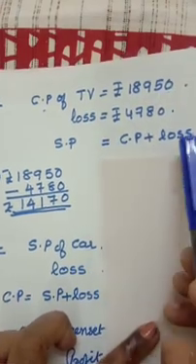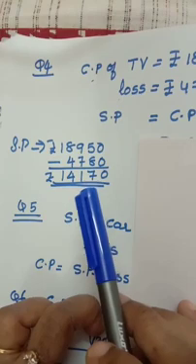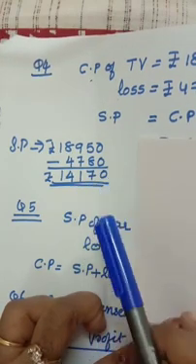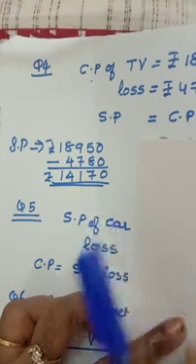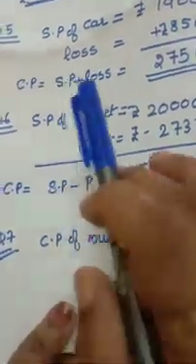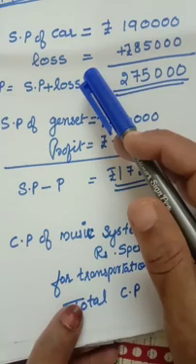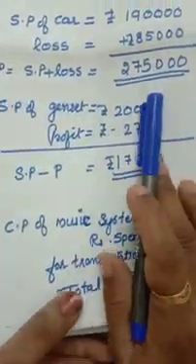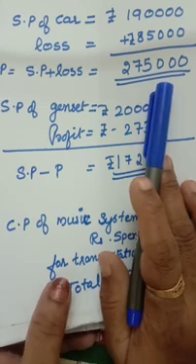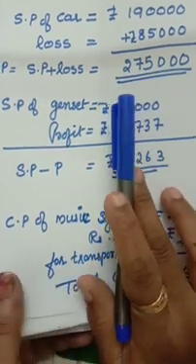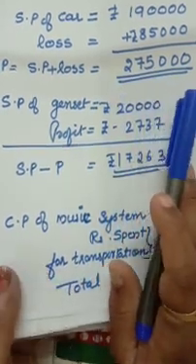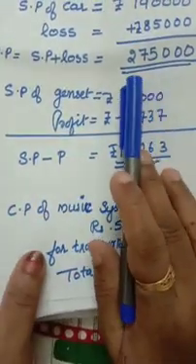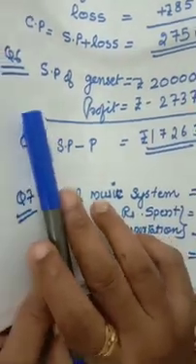Then SP equals CP plus loss, you add it, you will get SP equal to 14,170. Okay. Question number 5, SP of car, loss given. Then CP equals SP plus loss, you will get 2,75,000.